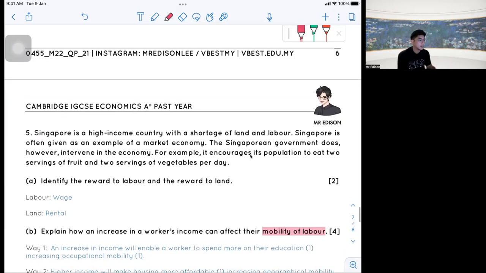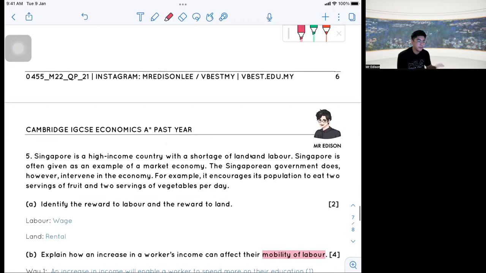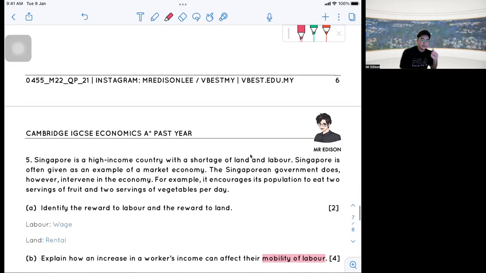So next is how an increase in worker income can affect the mobility of labor. The trigger point here is this: you think about it, you have high income. How does high income allow you to change job easily? When we come to mobility of labor, we have two types: occupational and geographical. Occupational is changing from one job to another job.